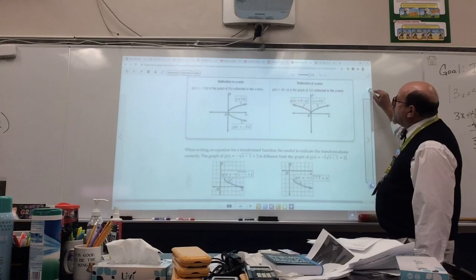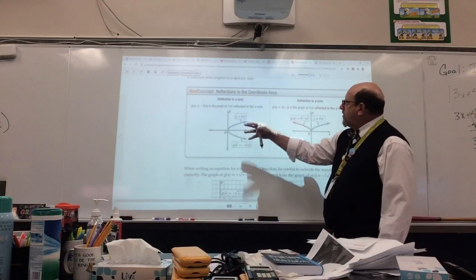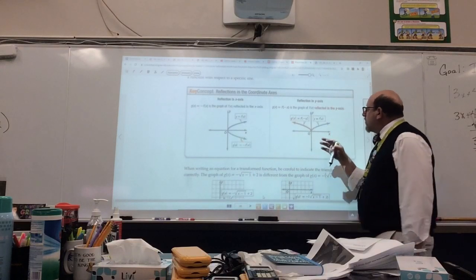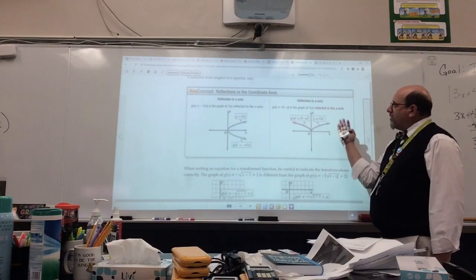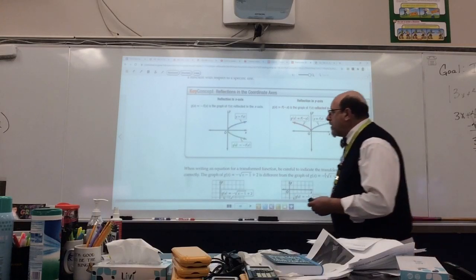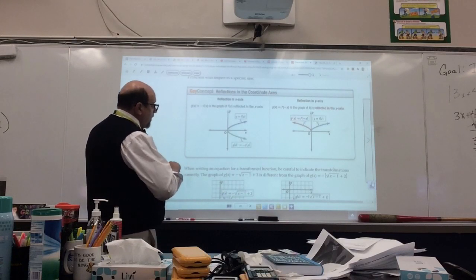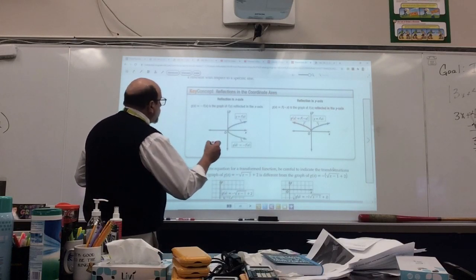Okay. This is reflections over the x-axis and reflections over the y-axis. And again, we're talking about inside and outside of the parentheses. We won't see a whole lot of this, but it is indeed something that you'll need to see.